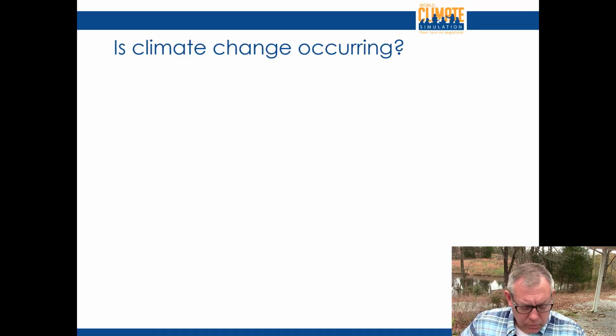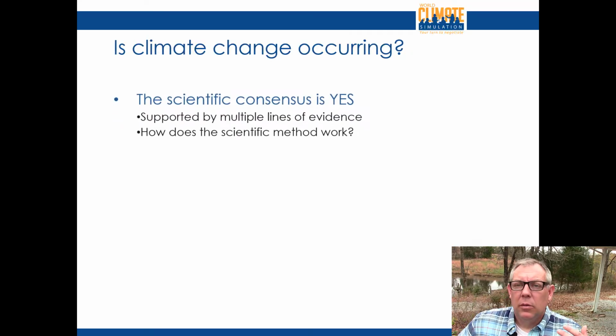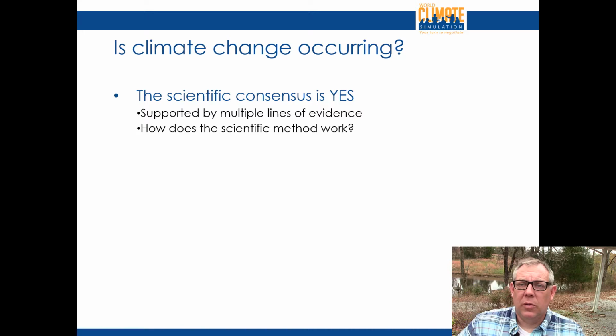And we get to, again, the basic question: is climate change occurring? The scientific consensus is yes, right? Multiple lines of evidence based upon the scientific method. You can't just throw out a hypothesis.